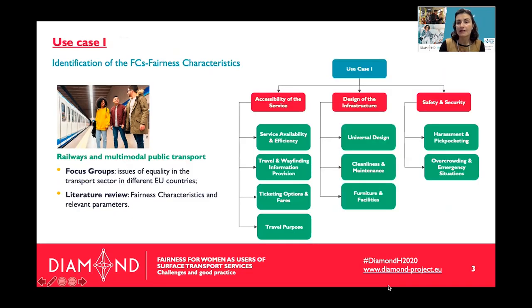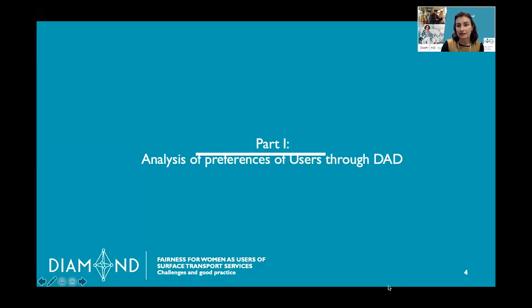In the project, we started by analyzing what the literature says about the important fairness characteristics as perceived from the point of view of the user. So they were broken down into 3 macro categories related to accessibility of the service, design of the infrastructure, safety and security. And we informed that not only by the literature, but also by running some focus groups with end users.